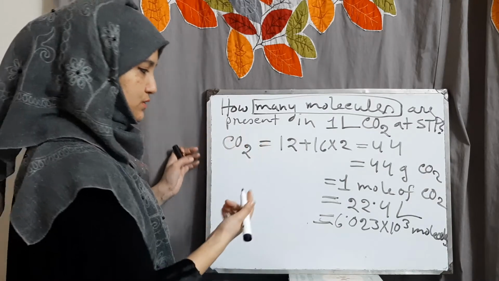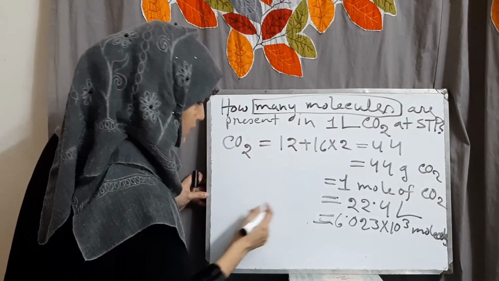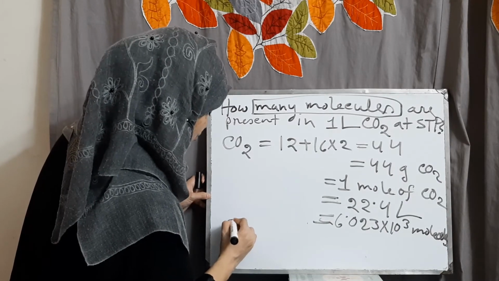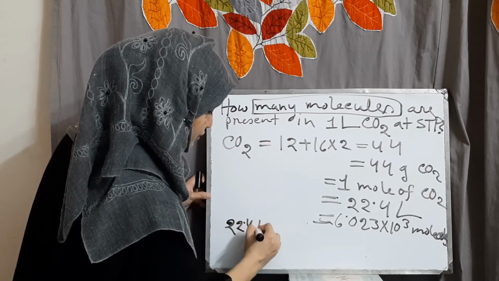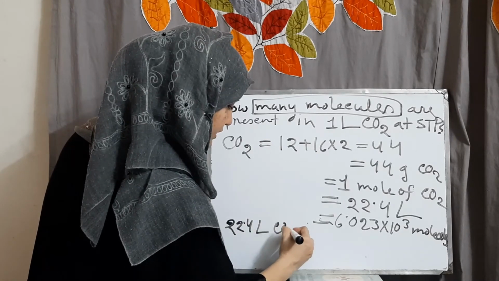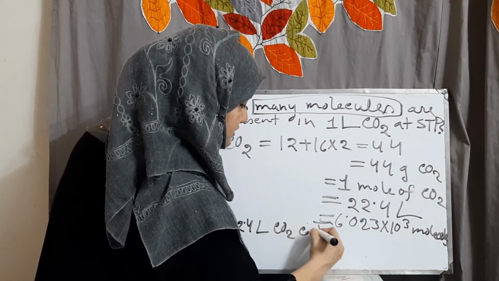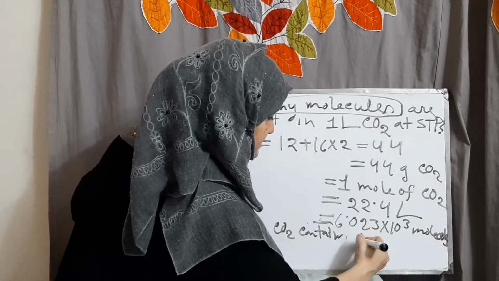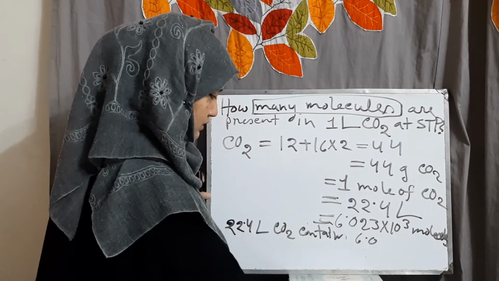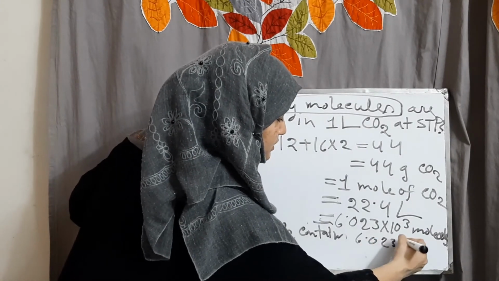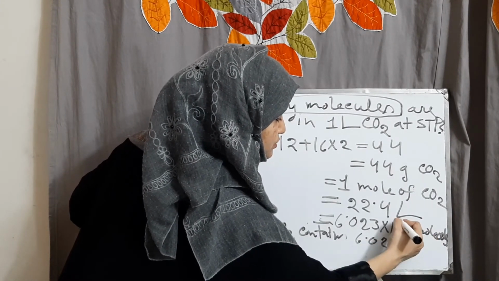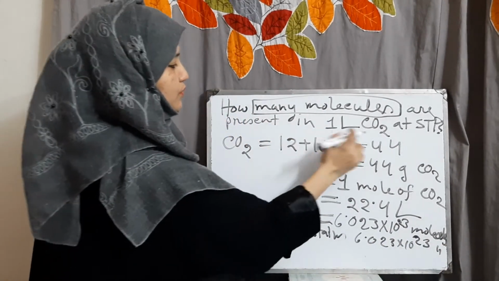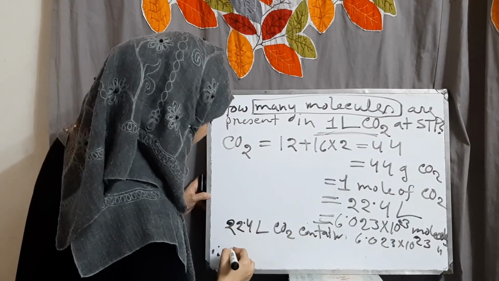And we have to start with the volume. 22.4 liter carbon dioxide contains 6.023 into 10 to the power 23 molecules.